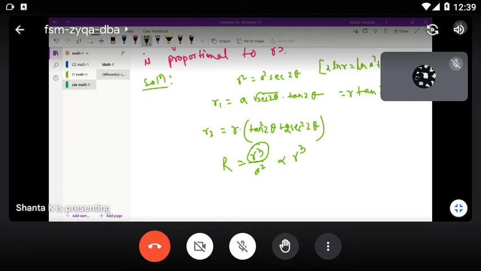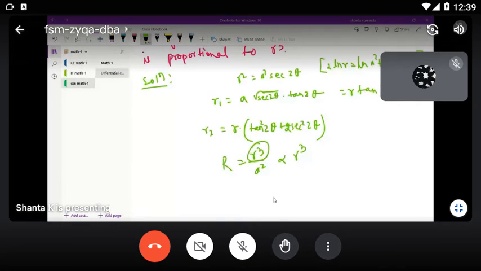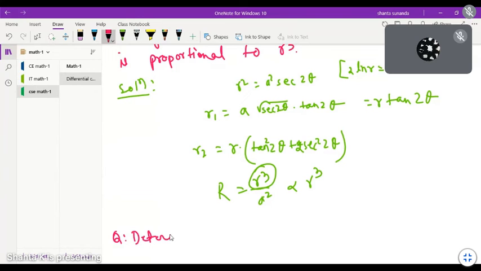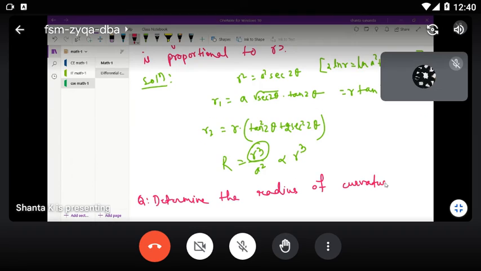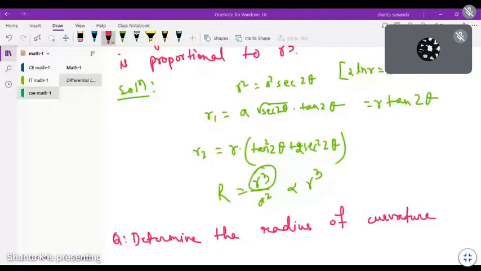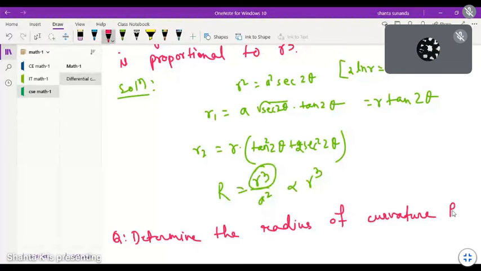Determine the radius of curvature r at any point r theta.